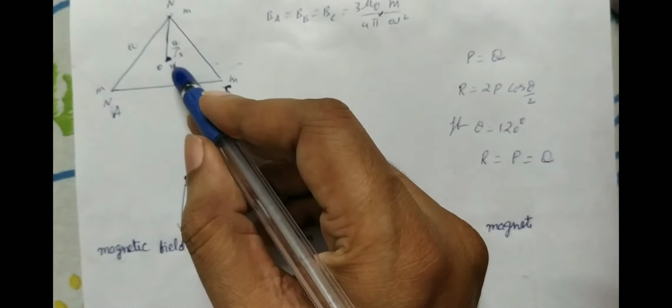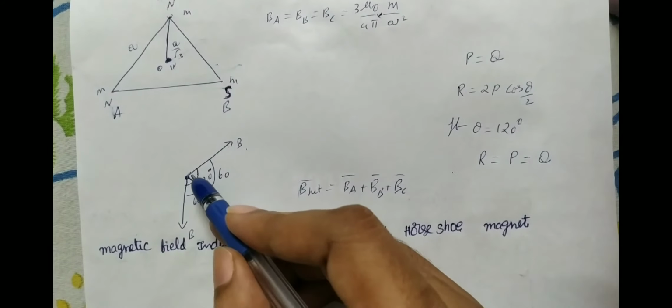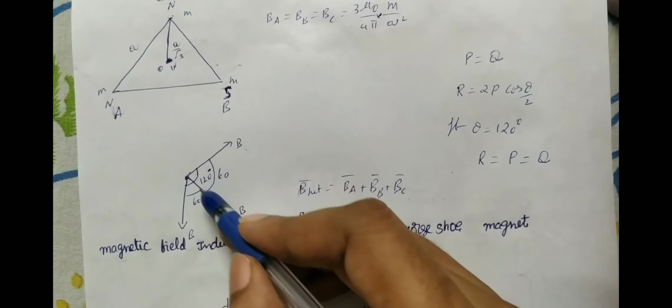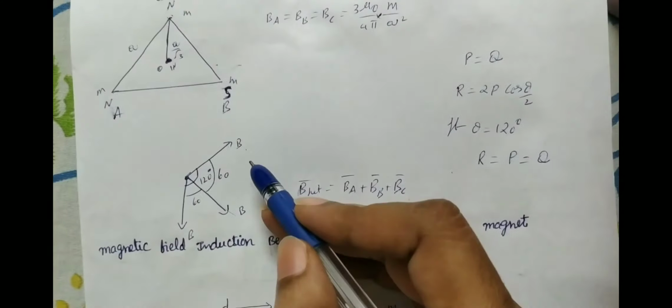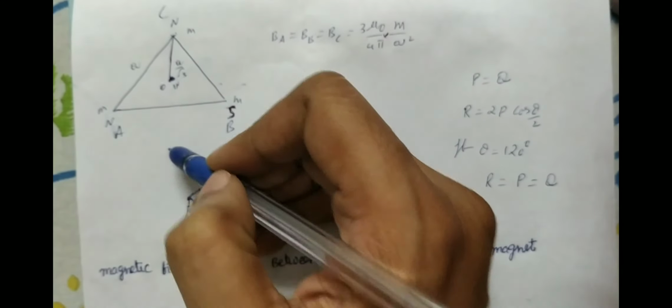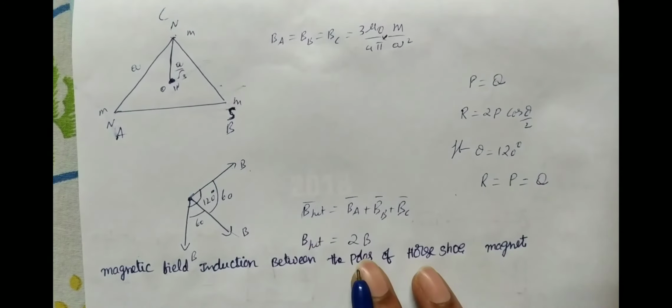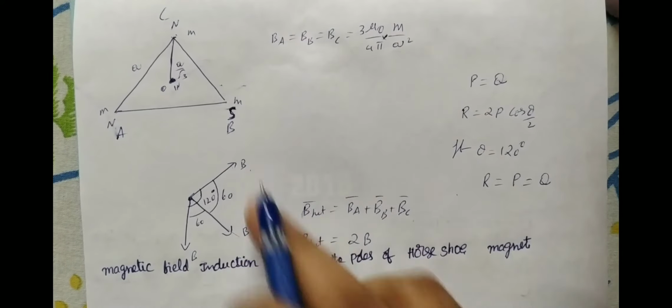Where you calculate the field, you assume a north pole, so it will be attracted, so B is acting like this, parallel to this. And this north pole at C repels the unit north pole downward, so due to that you get B downside. But the magnitude of field induction is the same for all: B, B and B.